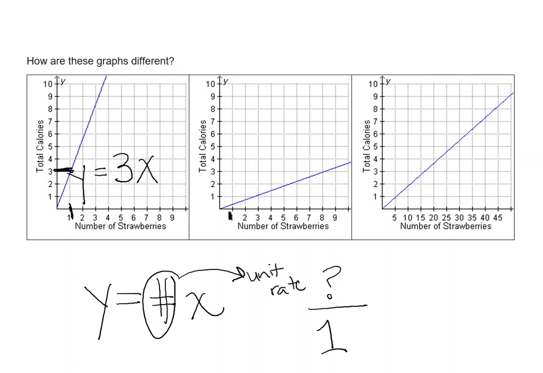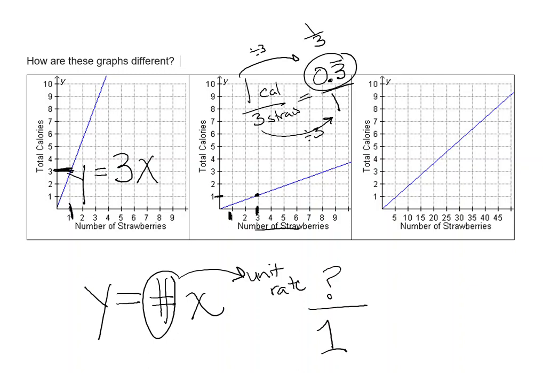Whereas the number 1 here has less than 1. If we look closely, we see that 3 strawberries have 1 calorie. So we can say 1 calorie for 3 strawberries is equal to 0.3 for 1, because I divided 3 by 3 and 1 divided by 3. 1 divided by 3 is 0.3 repeating.